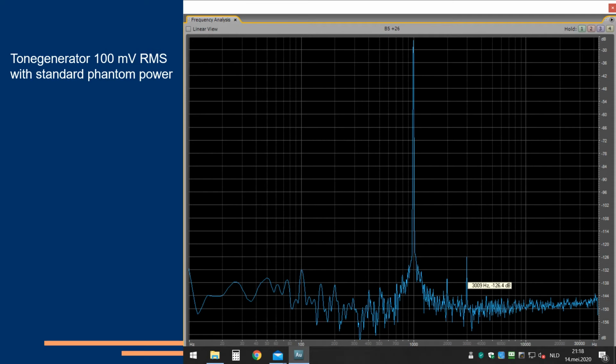Because of the not symmetric situation of the phantom power, it produces odd harmonics, and so the third, the fifth, and the seventh harmonic are produced in the phantom power resistors, unfortunately.